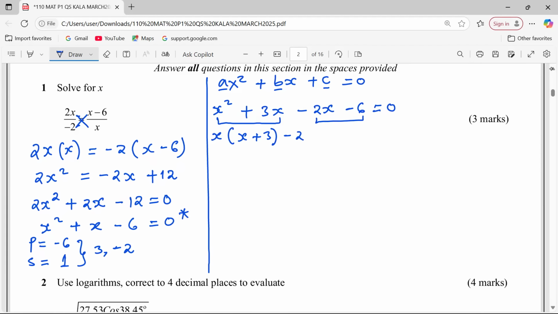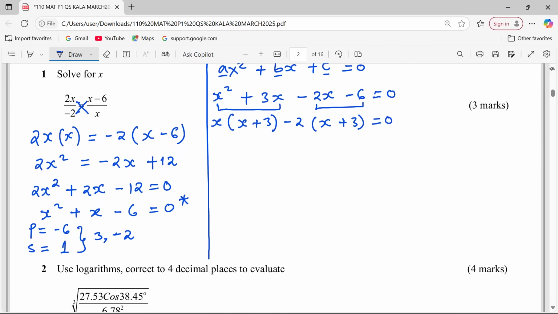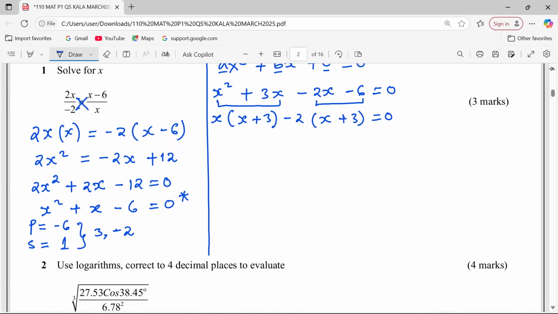Negative 2. So that will remain with x plus 3. This is equal to 0. At this point, from the brackets, we can pick the common factor, which is x plus 3. Then outside the brackets, we have x minus 2.